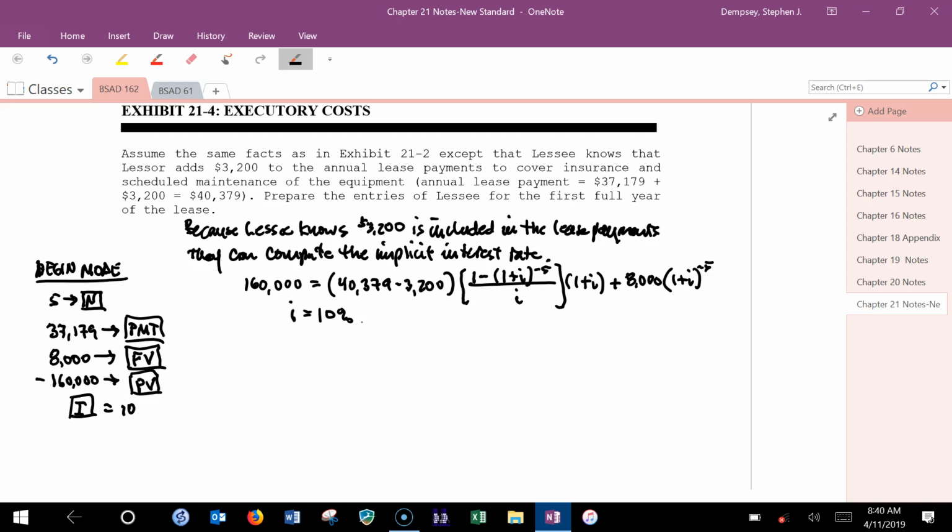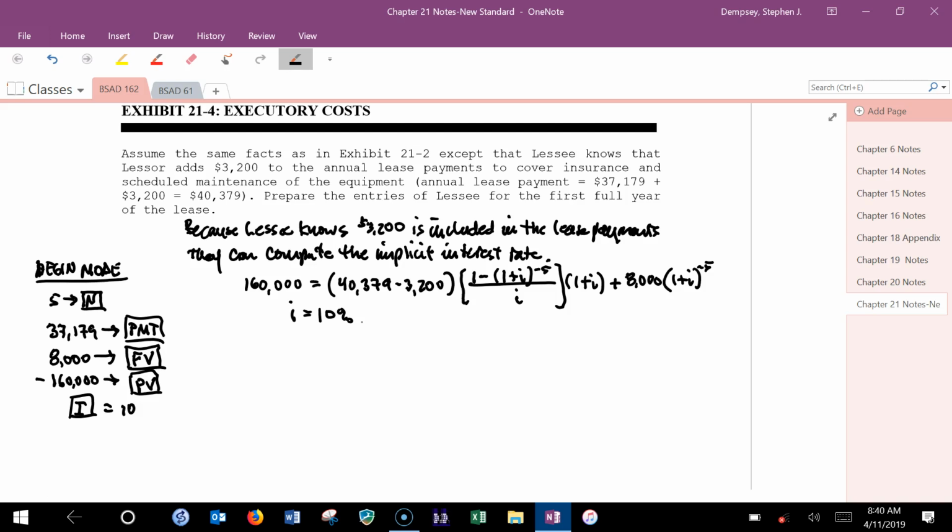Yeah, Maya? So why is there any difference between the way we did it the first time? There isn't really. It's just that I've changed the problem to add executory costs to the payment to make them $40,379 now instead of the $37,179. But I'm saying that the lessee also knows how much, specifically $3,200, is executory costs.